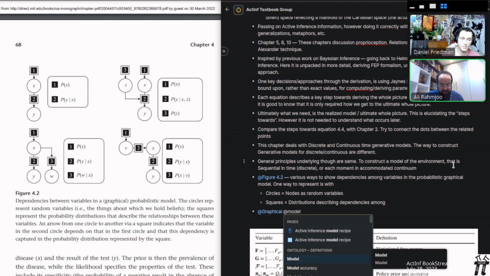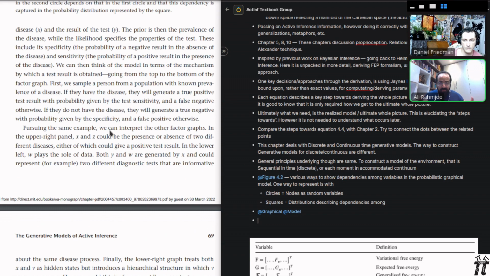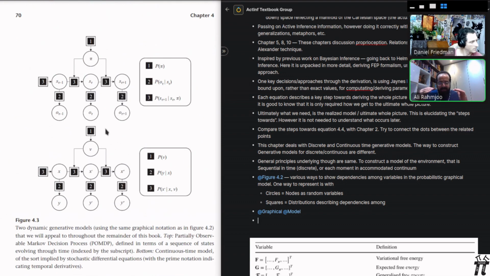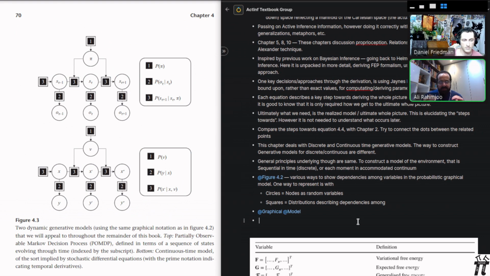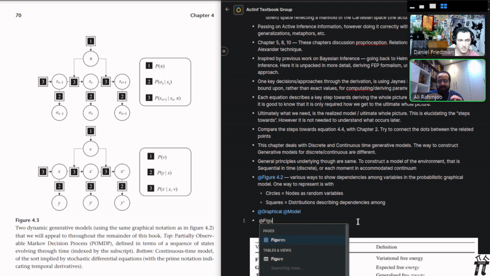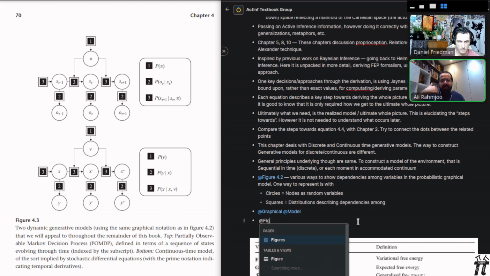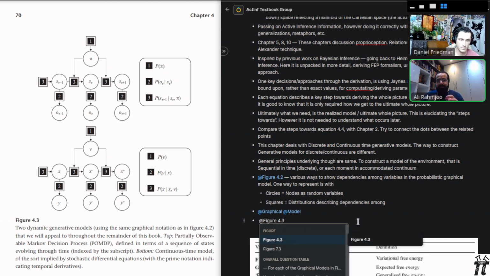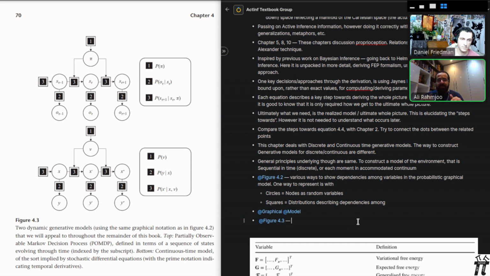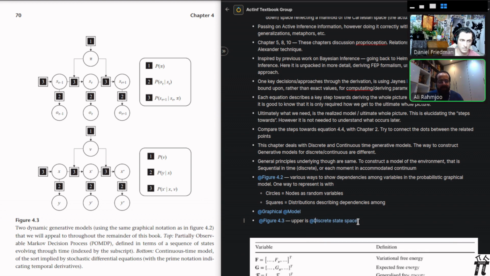And then in figure 4.3, we can compare the two different types of generative models based on whether it's a discrete time or continuous time situation. The upper picture is a generative model for the discrete time situation, and the lower picture is the parallel continuous time version of it.